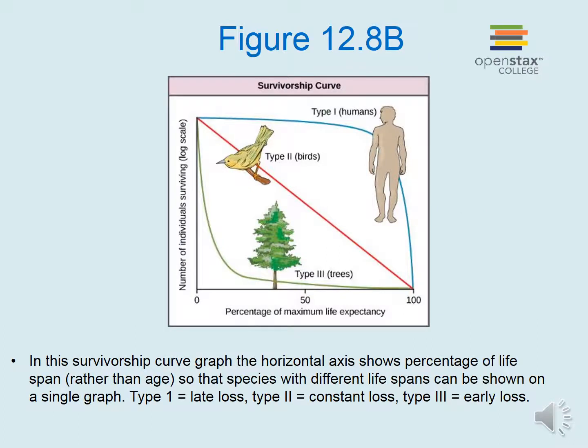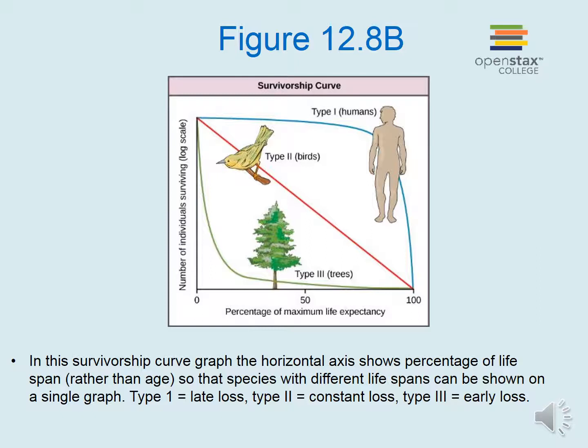In this survivorship curve graph, the horizontal axis shows percentage of lifespan rather than age, so that species with different lifespans can be shown on a single graph. Type 1 refers to late loss, and the example is humans, in which the death rate spikes at a later age. Type 2 refers to constant loss.